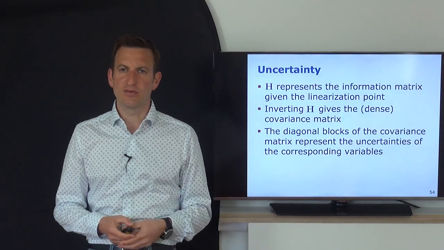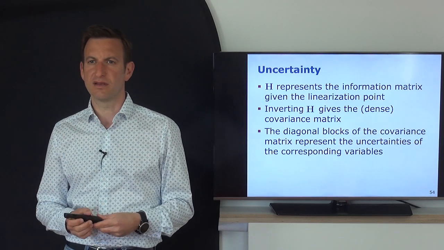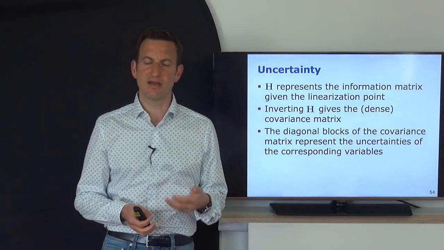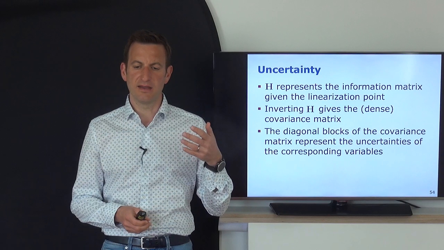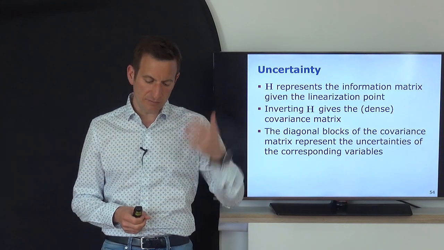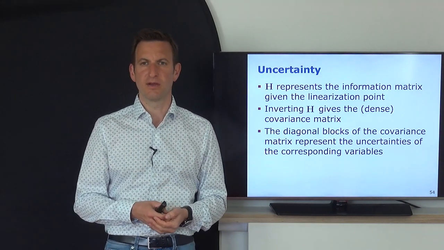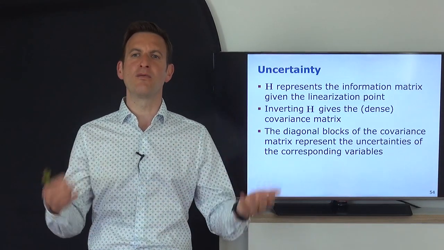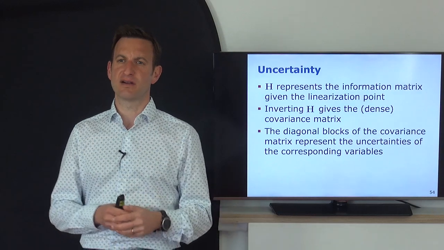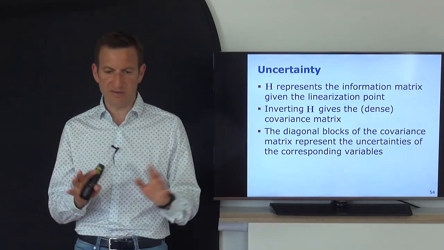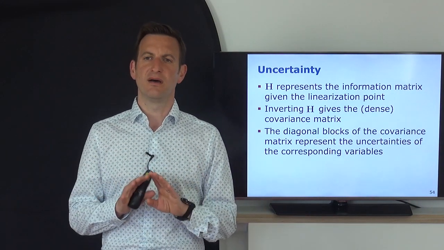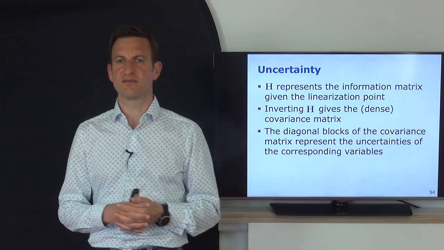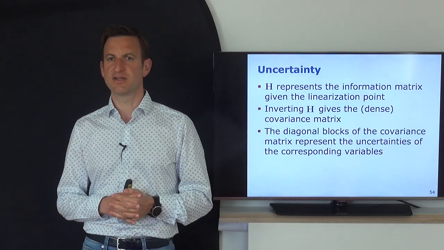The next thing I want to look into is the uncertainty related to this. I told you that this H matrix is an information matrix for my overall system. So it provides me with information about the uncertainty of the overall estimate up to the linearization point. Given the linearization point, given that we have converged and we are under the approximation of this linearized function, this is an information matrix.